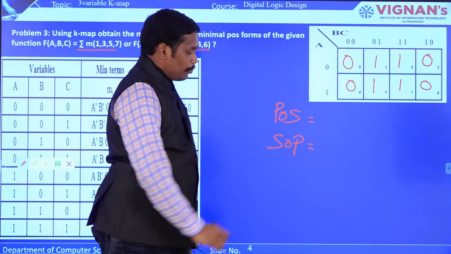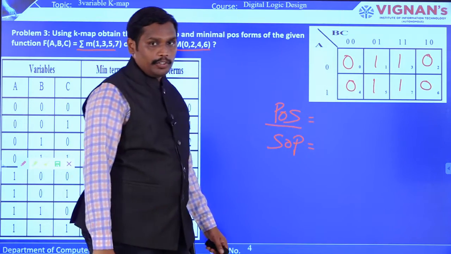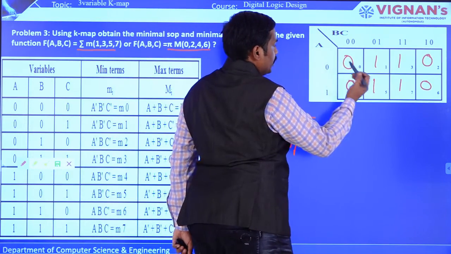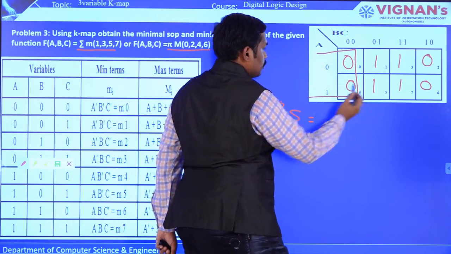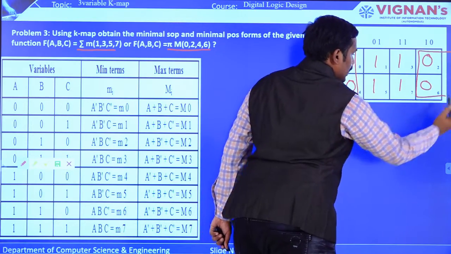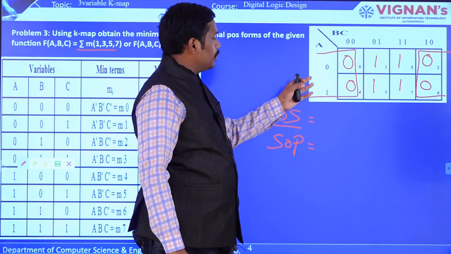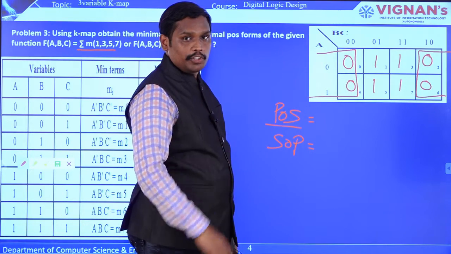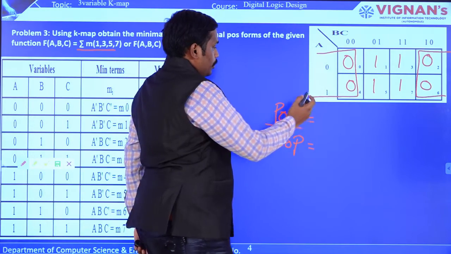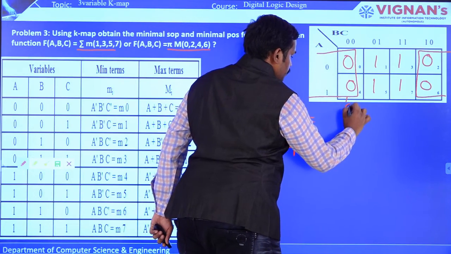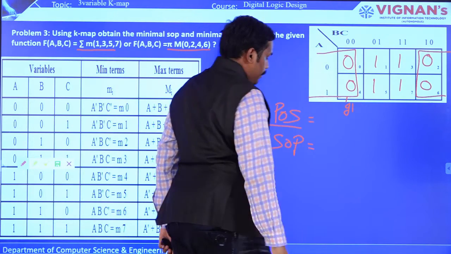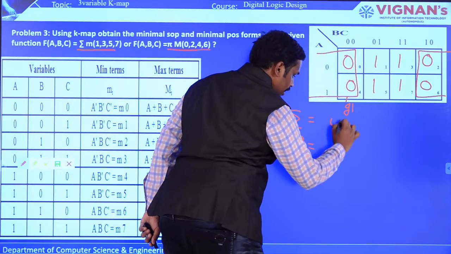Okay, so for product of sums, we are going to compare zeros. So for zeros, you can see that this is forming a group with quad nature, which are 4 zeros. So this particular thing is called group G1 for POS. Now we are going to derive an expression.